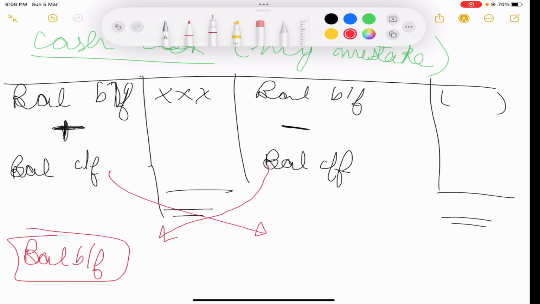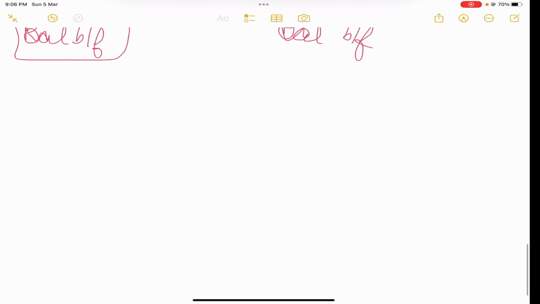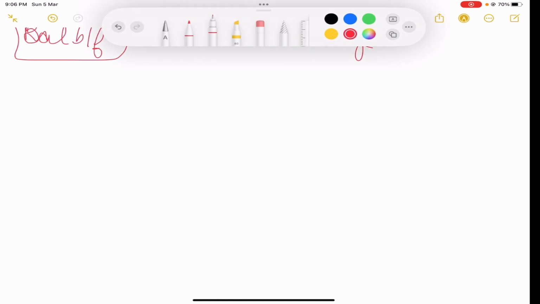This is going to come here, so this is going to be my credit balance. After crossing, whichever side it comes on, that will be your balance. So in the question, if it is given that the debit balance of the cash book is this much, that means they're talking about the value after the crossing is done. Okay. That is how you adjust things in the cash book when it is our mistake.